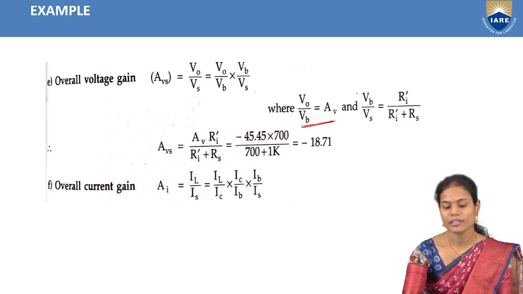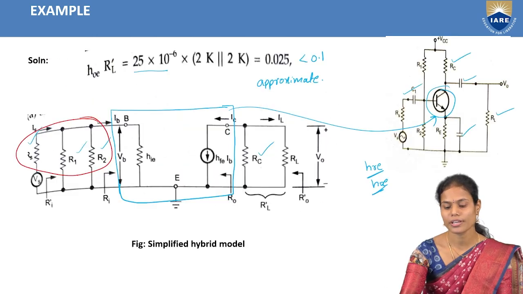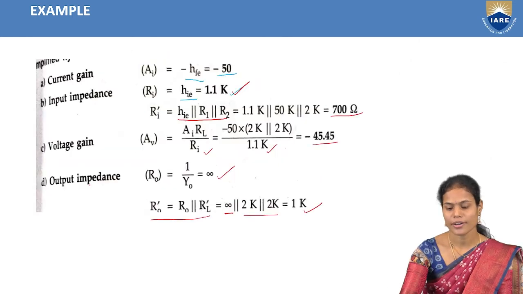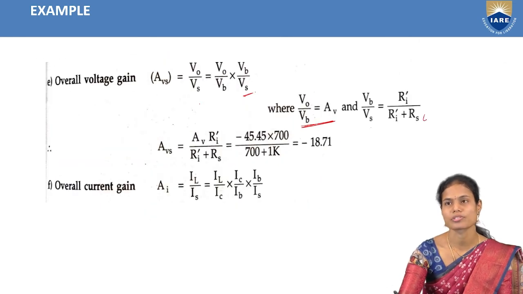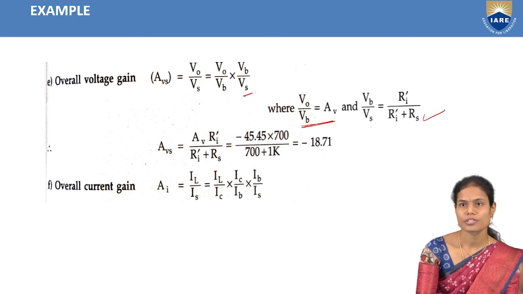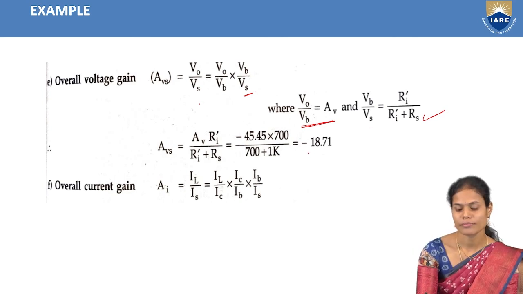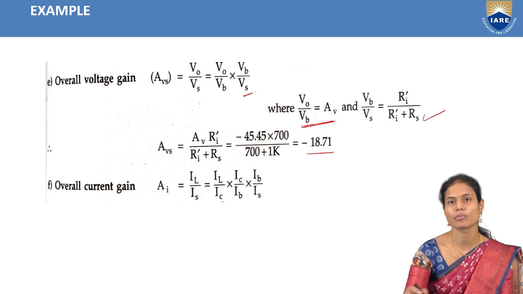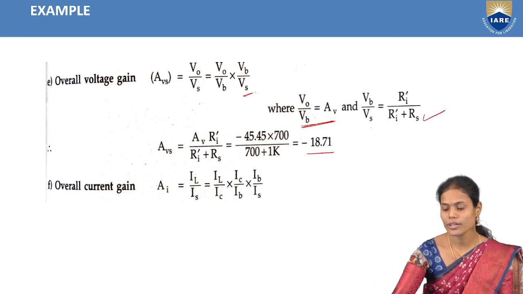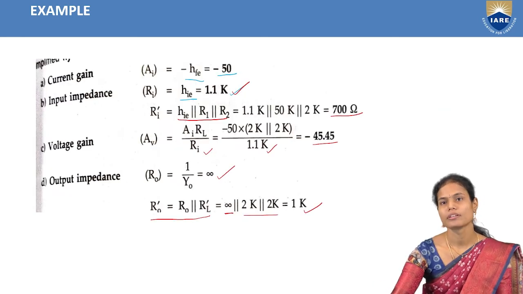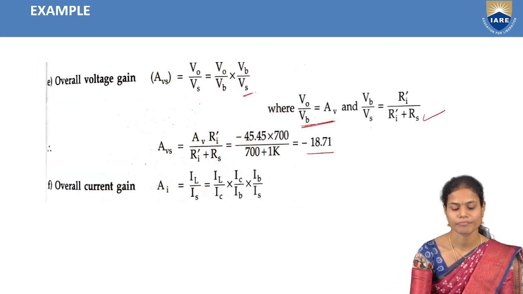Next we need to find the Vb by Vs value. From the circuit, it is Ri dash divided by Ri dash plus source resistance. After substituting all those values, we get minus 18.71. If we compare this with the normal voltage gain, it is decreasing here.